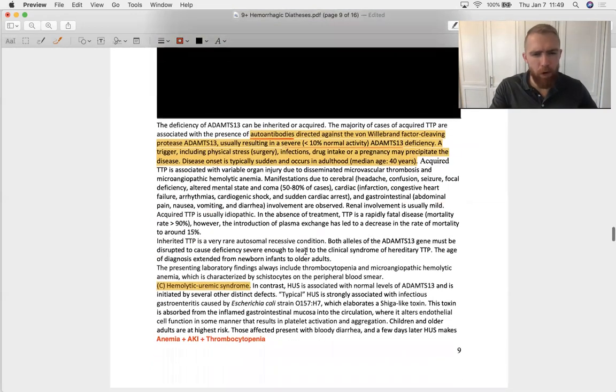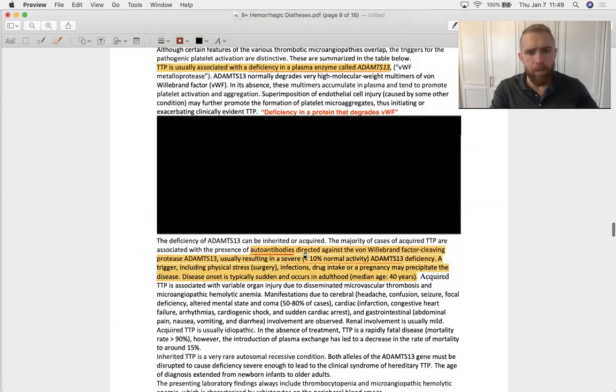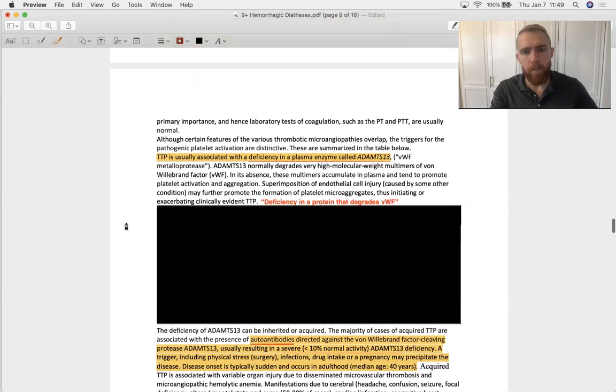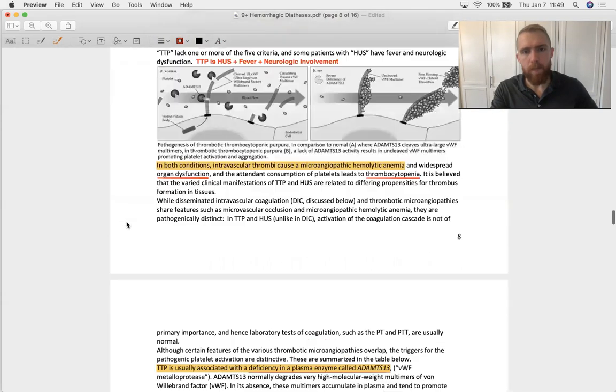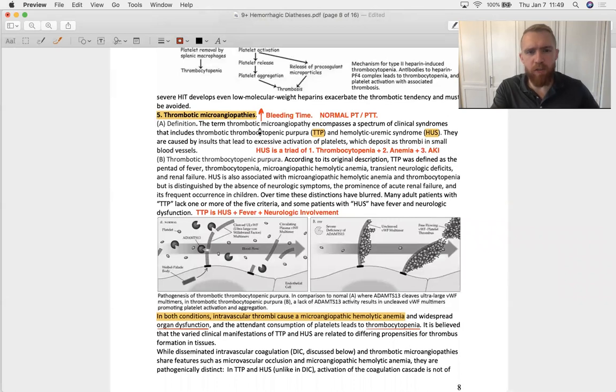So it's the adult version of hemolytic uremic syndrome. How you're going to diagnose these things is with a prolonged bleeding time and a normal prothrombin time, partial thromboplastin time.